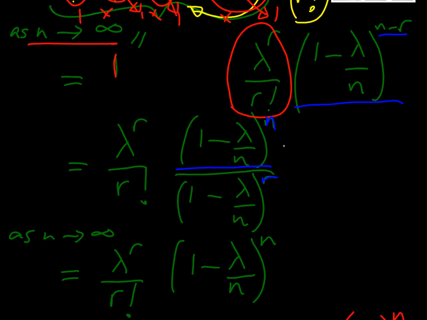This one's tricky as n tends to infinity. We'll come back to the top one, but what happens to this bottom term here? Well, that n is going to go to infinity, so this term here is therefore going to tend to 0. So on the bottom we're going to have 1 to the power r, which is going to be 1. So effectively that term's going to disappear, isn't it? It's just going to become 1.